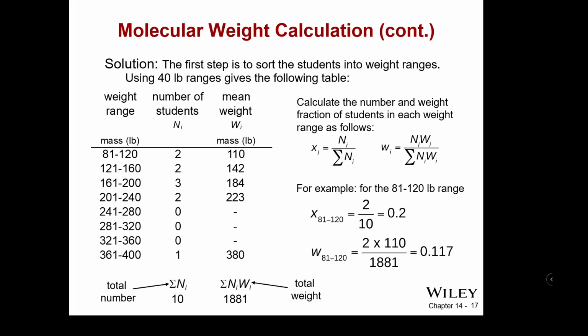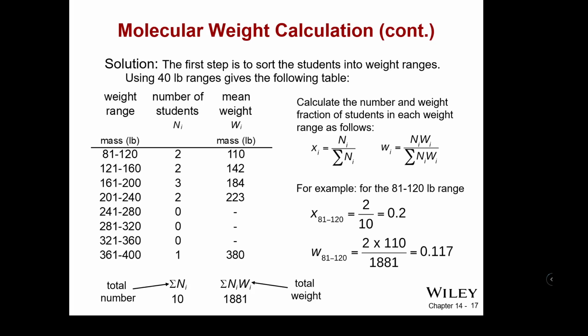The sum of the weights times the averages, because we take a mid-range weight, 110, 142, 184, and 223, and we re-weight the average that way, and we get the weight-based average.